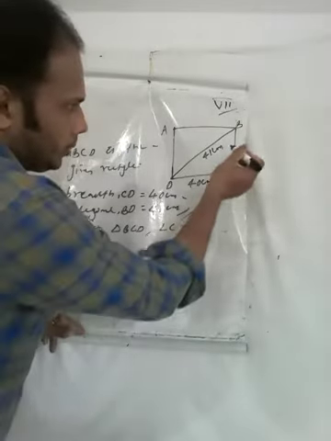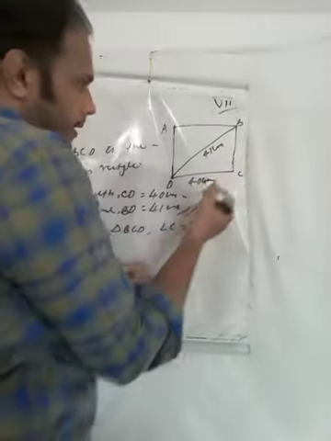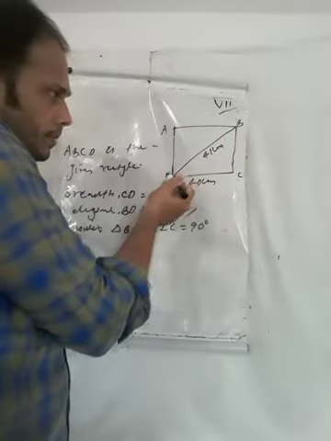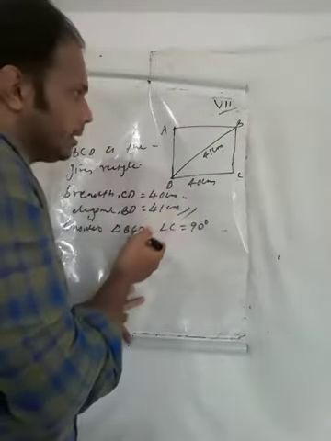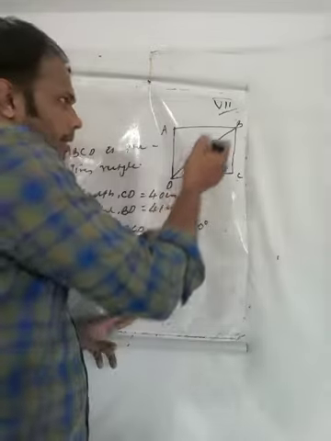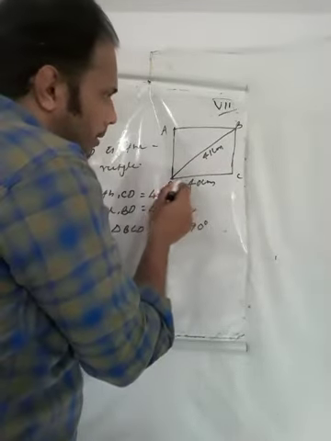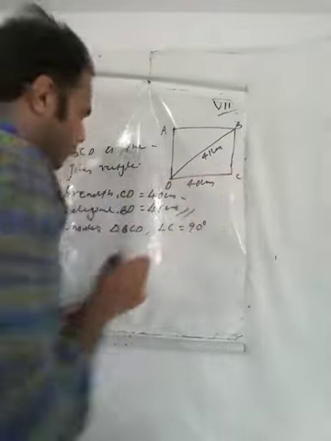Now what can you do? This is a right triangle. So by Pythagoras theorem, what can you write? BD square equal to CD square plus BC square.